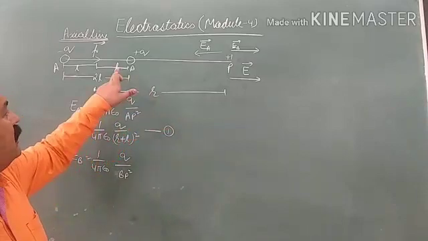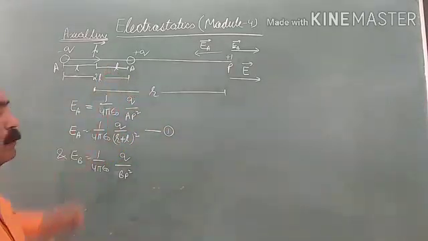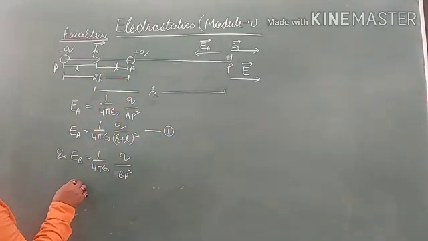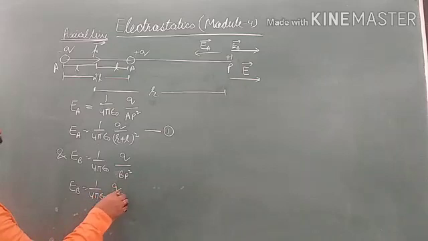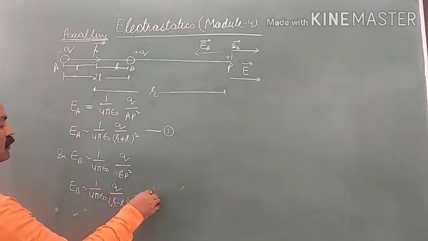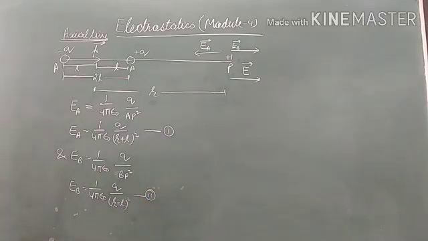R minus L equals BP. So we can write EB equals 1 upon 4 pi epsilon naught Q upon (R minus L) whole square. This is our equation number 2.